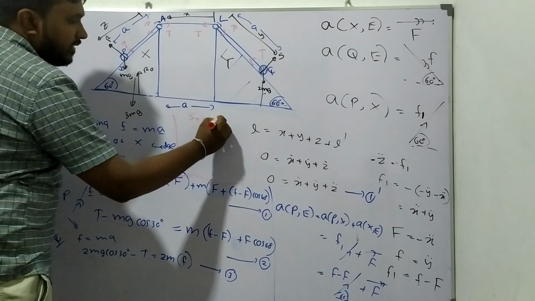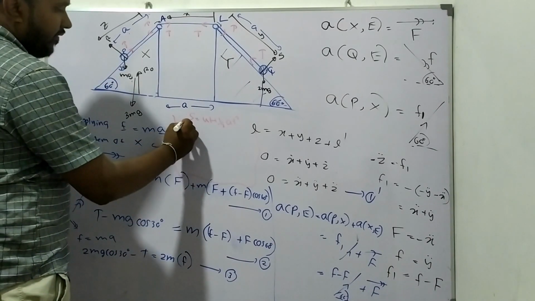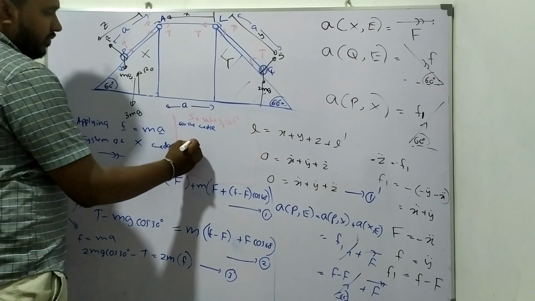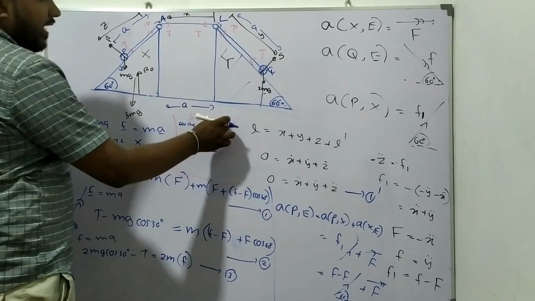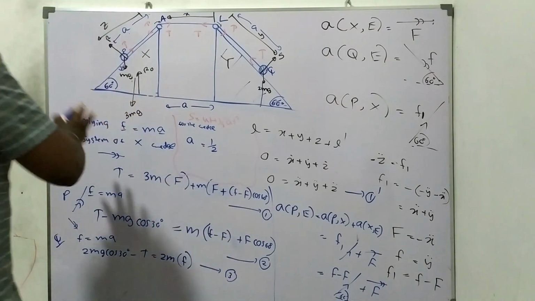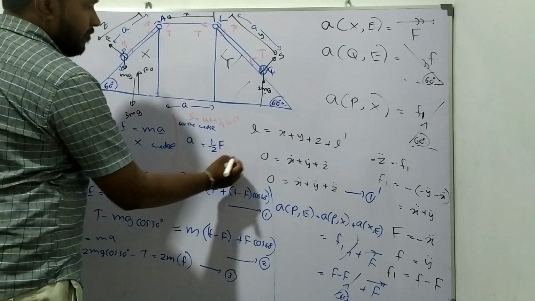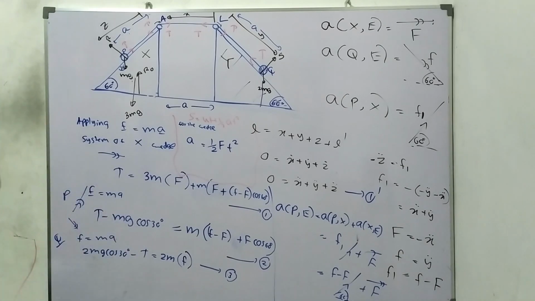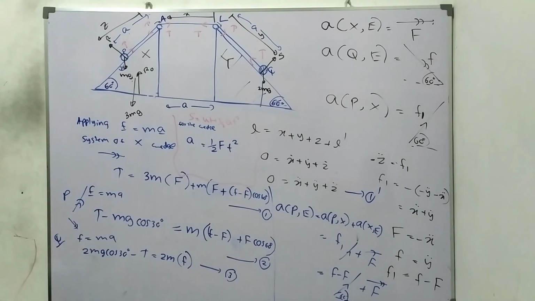S equals ut plus half at squared for the wedge. So the distance is a and ut is all 0, half acceleration, the wedge acceleration, capital F, and time taken is t squared. So you need capital F, right?